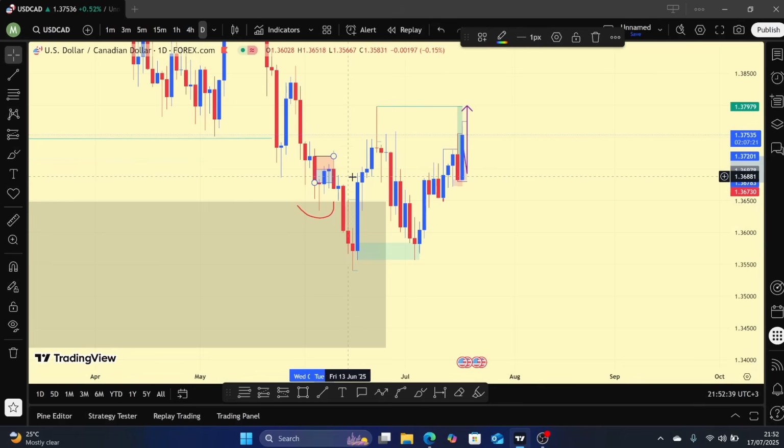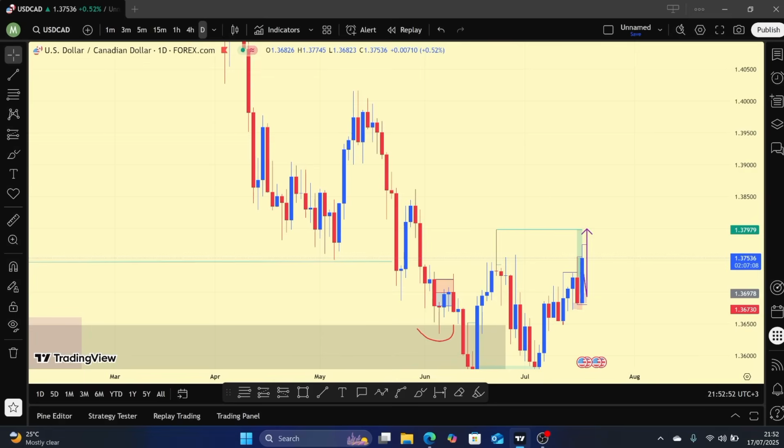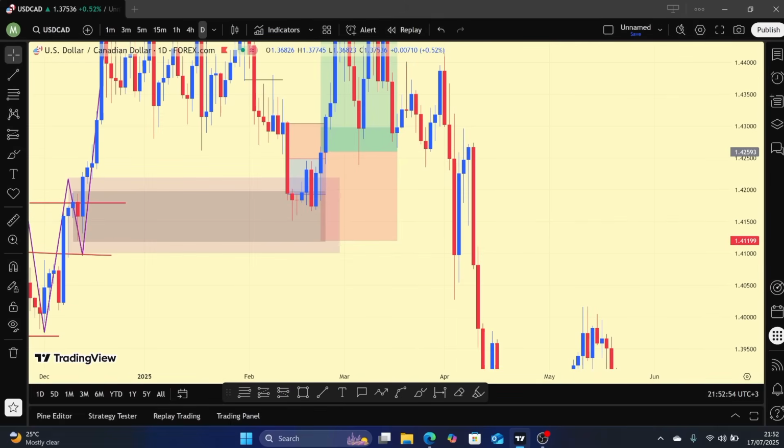Notice that I'm not marking the wicks, I'm marking only the body. And you need to see a body closure past the 50% of this candle so that you can confirm that morning star. Just like I did on the decisional POI, exactly right here. I confirmed there, and you can see I took the buy immediately after price closed past 50% of this selling candle.